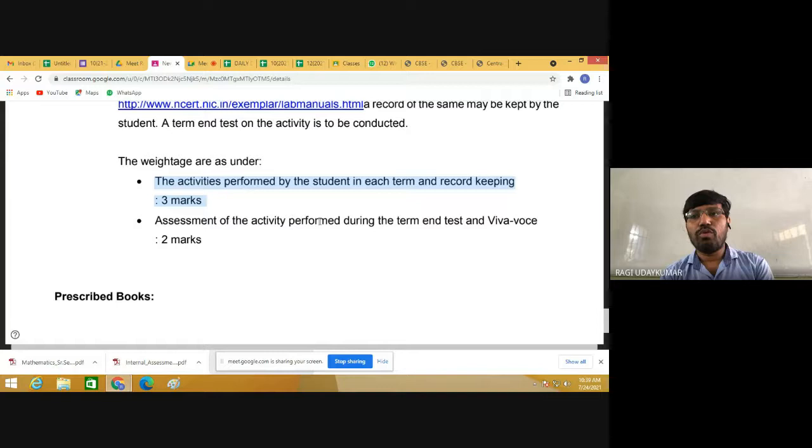That means, like an exam, one activity will be given to you to perform, and viva voce questions will be asked to you individually, just like an interview by me only. That means internally I have to conduct it for 2 marks.